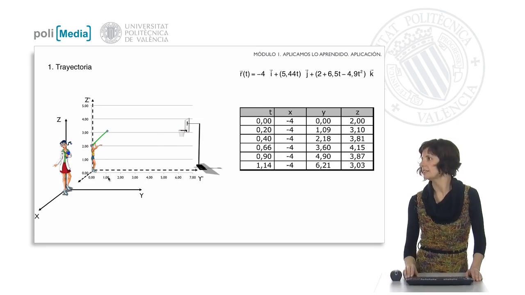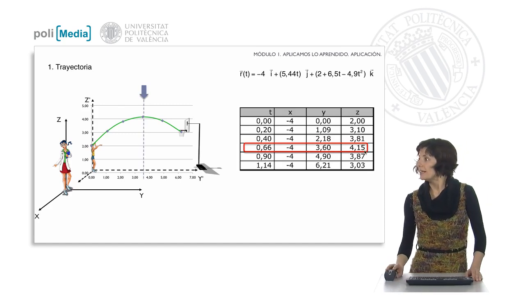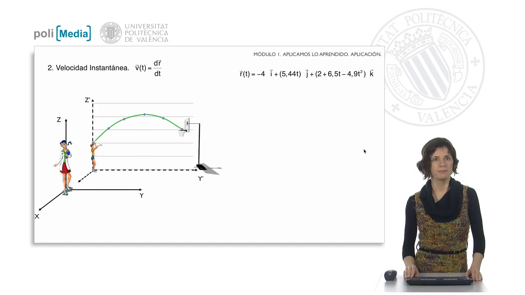At the next instant of time, the y component is worth 2.18 and the z component is 3.81, which corresponds to this other point on the trajectory. And so on until the ball reaches the basket. At that instant of time, the height is about 3 meters. We can also observe that the maximum height that the ball reaches is about 4 meters 15.